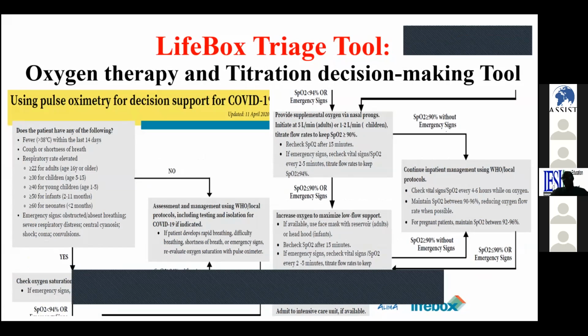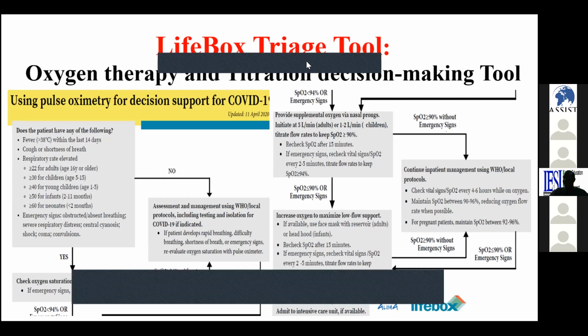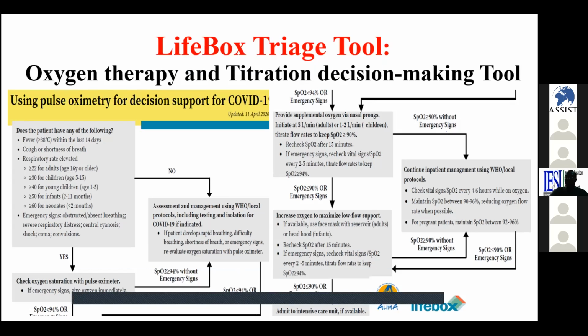Okay, thank you. So at this stage, as I said before, oxygen therapy and the titration decision-making tool. This is called the LifeBox Triage tool. It is a rapid assessment tool which helps to triage patients or people who need initial medical support or medical intervention.